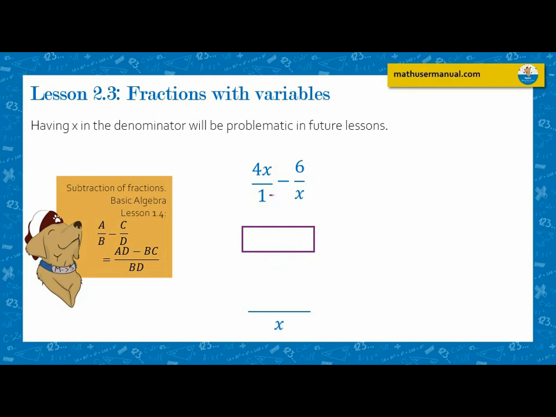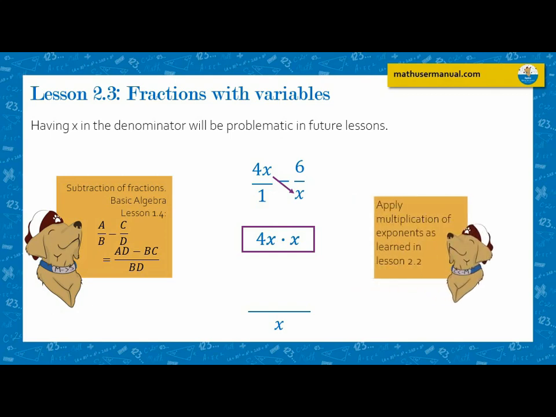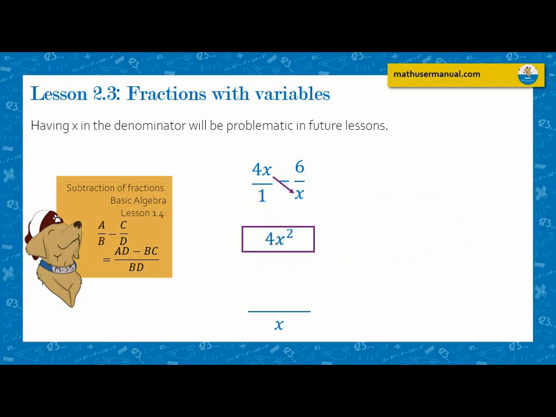And then we move on to the cross multiplication, which is 4x times x. Remember, multiply letters with letters, numbers with numbers, and apply the multiplication of exponents that we learned in lesson 2.2 of this unit. This turns into 4x squared. And then we go with the other cross multiplication.